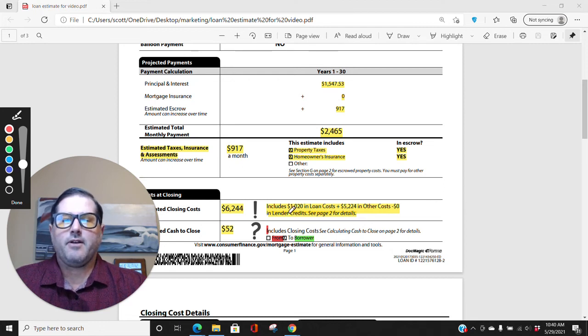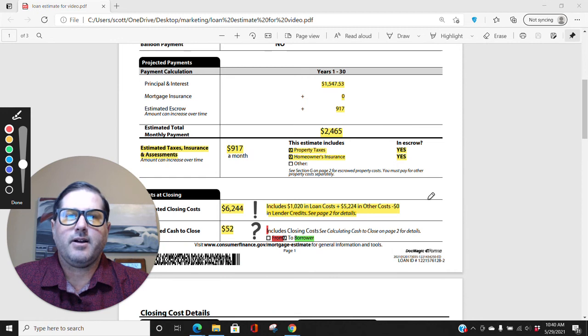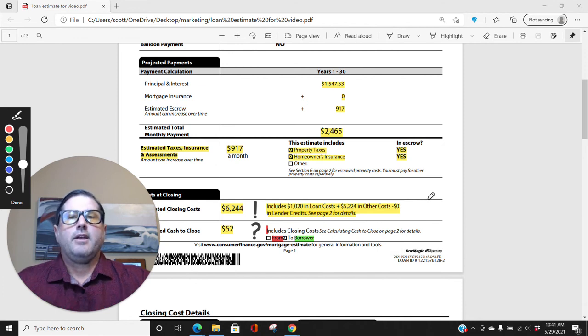Okay, so the $1,020 in loan costs, those are hard costs. You wouldn't have those costs if you weren't refinancing. The $52.24 in other costs, you may have a lot of those costs even though you're not refinancing. That is often prepaid interest, it's often prepaid insurance, and it is often prepaid property taxes, okay?